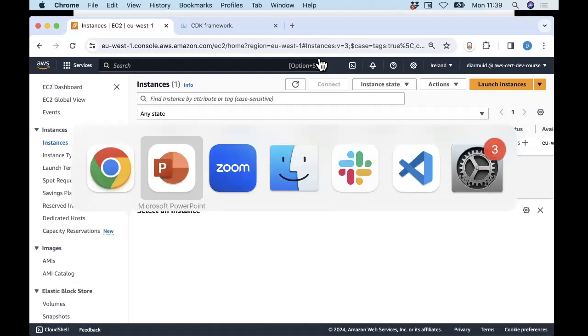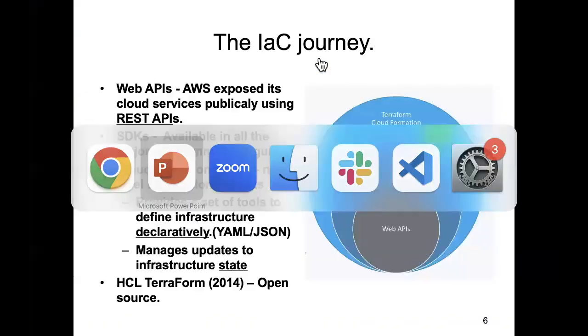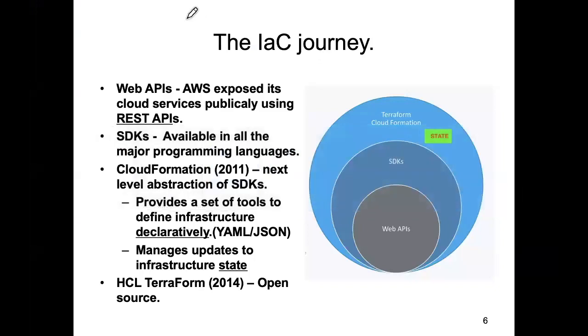But what AWS did was they put a web API front end to all of the services that it had back then. And because there were these web API services, that allowed us to write our scripts that I was talking about a couple of slides back, where our scripts were now communicating with the web APIs, sending raw HTTP requests across.